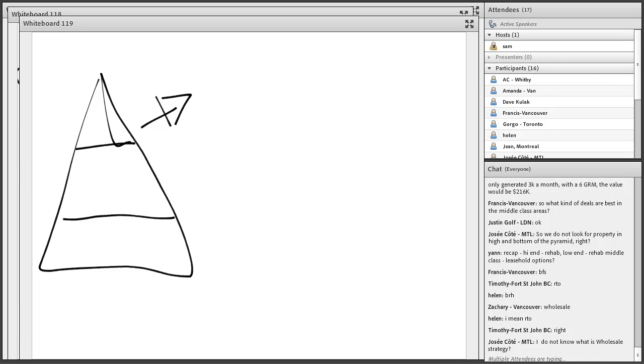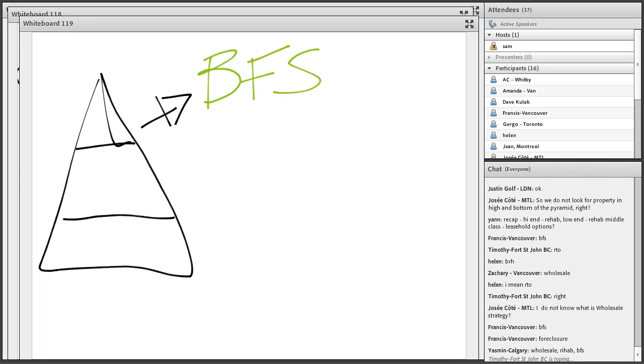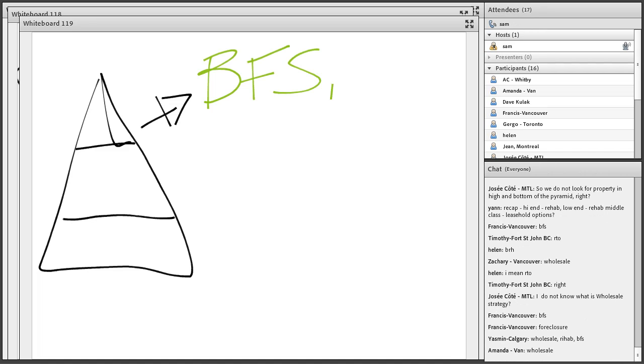Wholesale is selling a contract. It's not owning the property. You get a property under contract and you sell the contract. So up here, what kind of strategies are we going to use? Good.